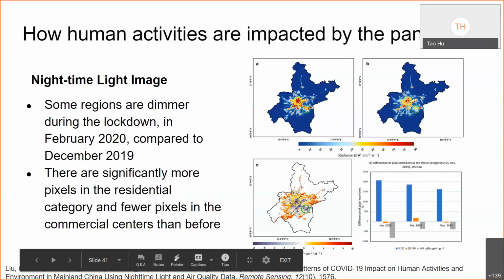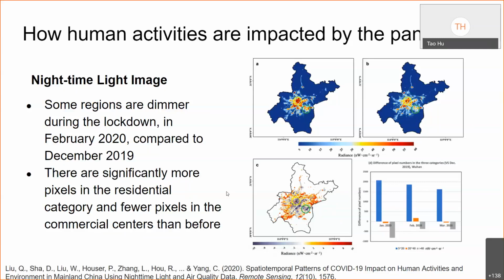The blue color indicates the residential area, the yellow color indicates the traffic area, and the gray color indicates the commercial centers. Based on the charts, you can see that there are significantly more pixels in the residential category, but fewer pixels in the commercial centers compared to the values in December 2019.